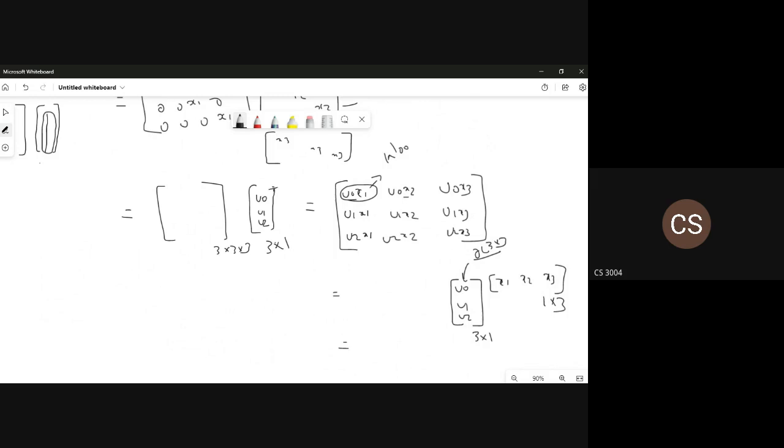I hope this is clear, right? Now there are three processes. You take the gradient with respect to a scalar, then compute the partial derivative with respect to a vector, and then with respect to a matrix. Now you know how to do that.